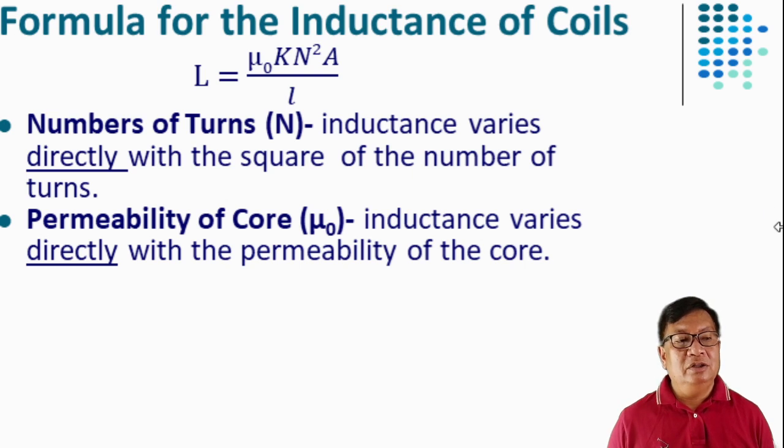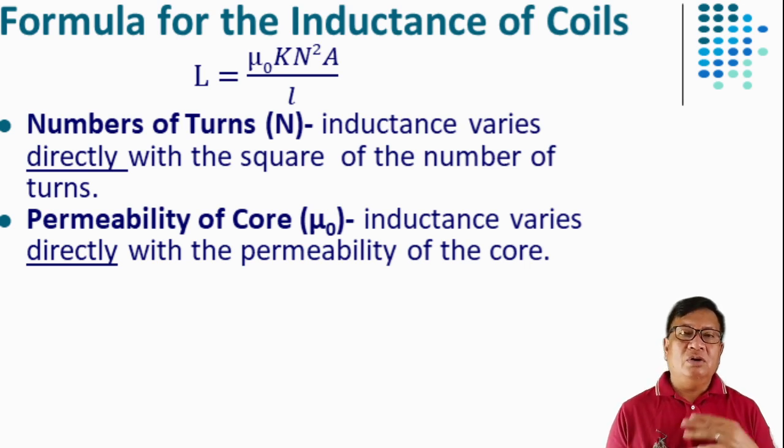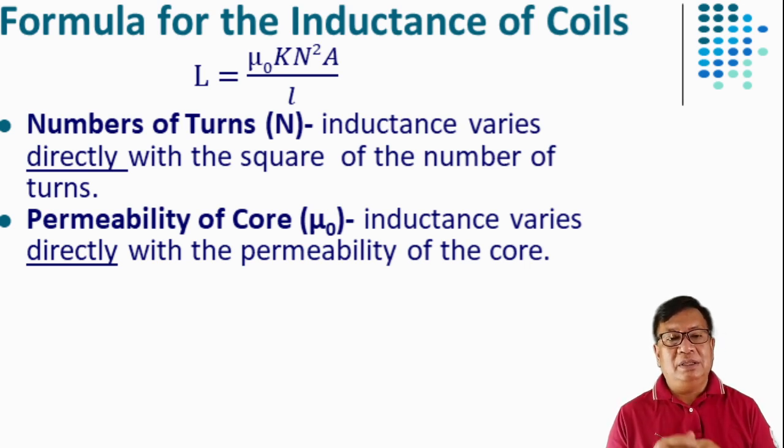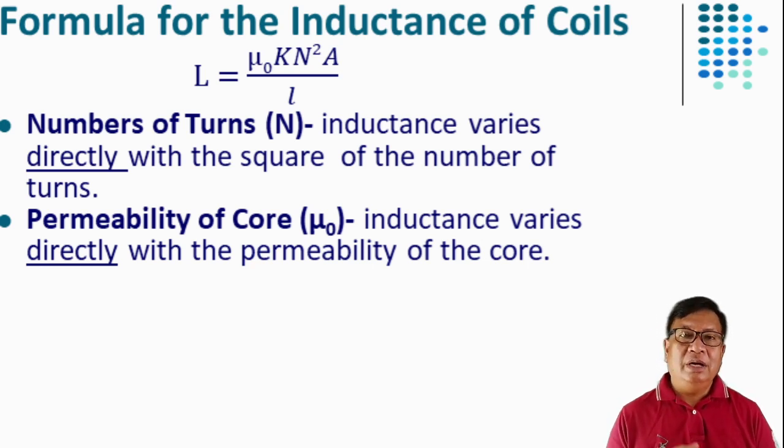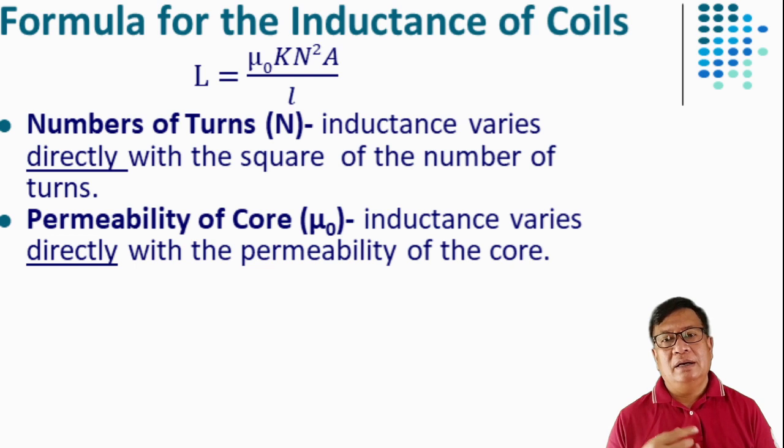Therefore, ito pong permeability ng conductor ay specific, or permanent for a given core. So anong klaseng core po ito, or anong klaseng metal material, mayroon itong equivalent permeability, and that is constant for that specific core.